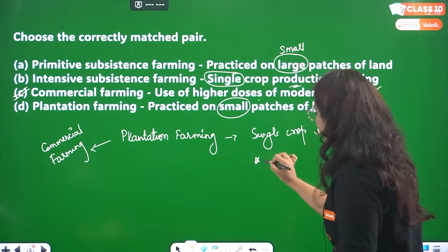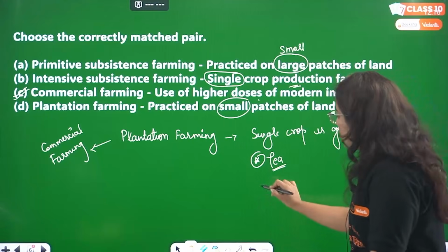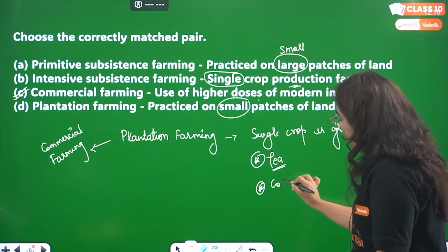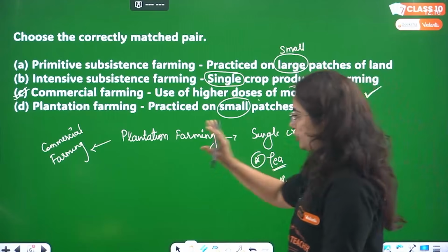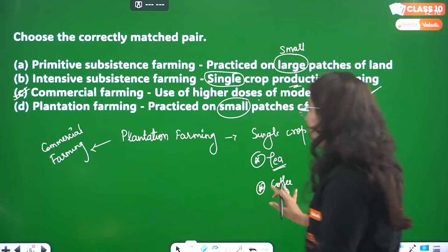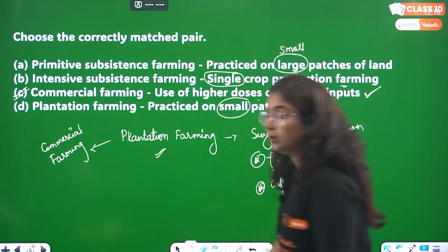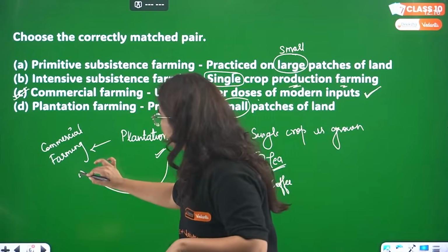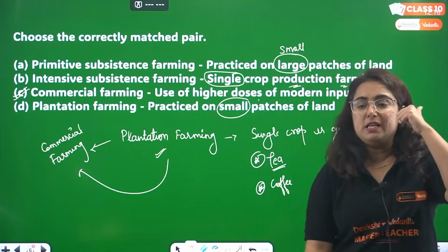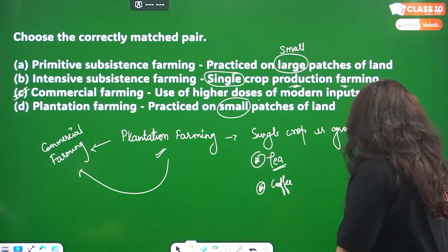Like, as I just told you, tea gardens in Assam, coffee gardens in Karnataka. They are grown for commercial purpose, but in that farm only a single crop is grown, and hence it is plantation farming. If a question comes asking whether plantation farming is a type of commercial farming, you have to say yes. Clear with this? Very good.